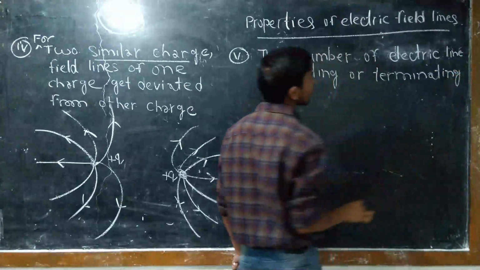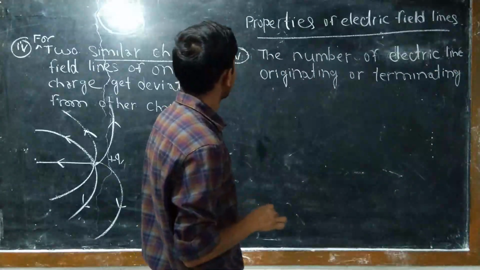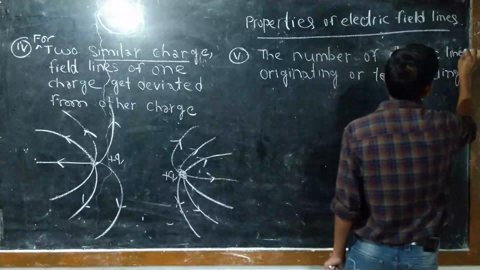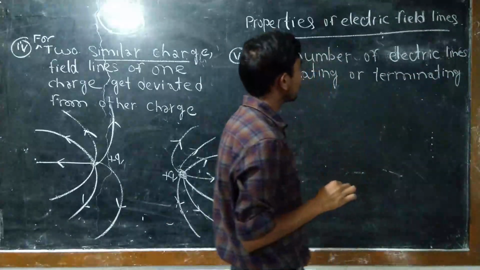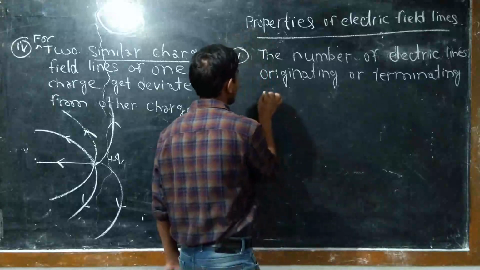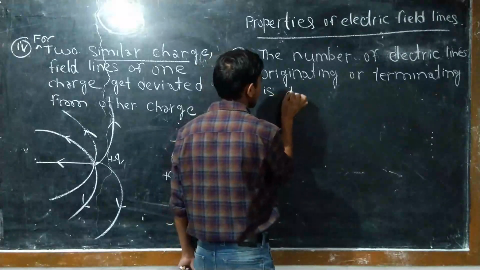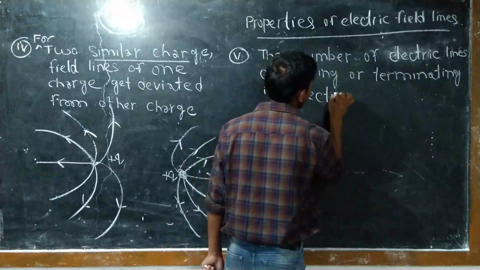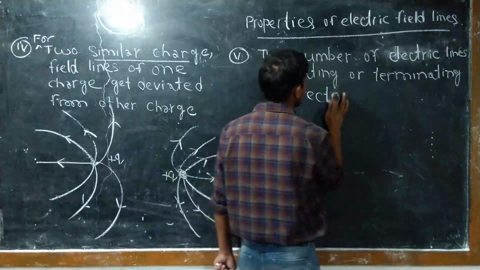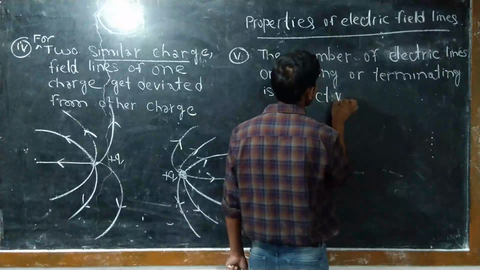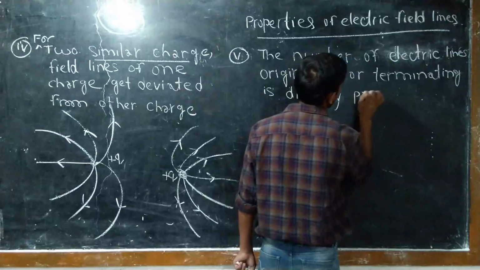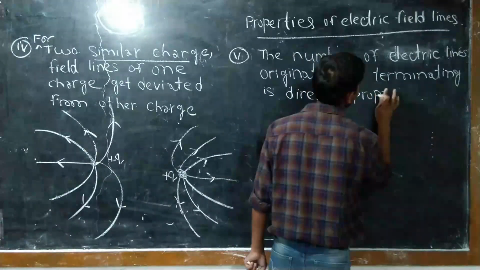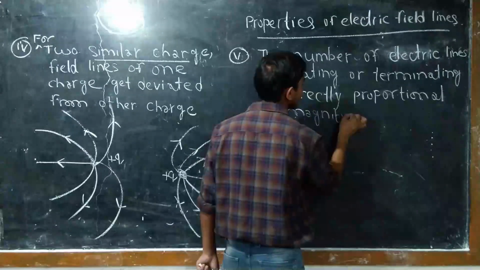The number of electric field lines originating or terminating is directly proportional to magnitude of charge.